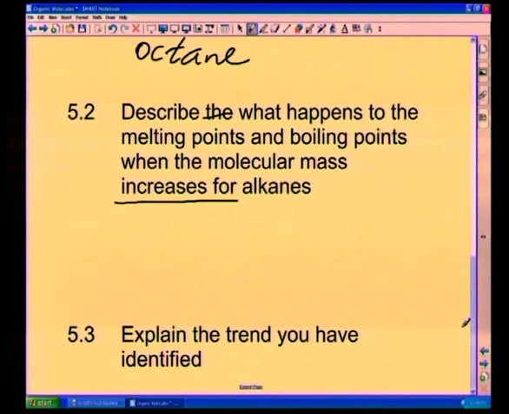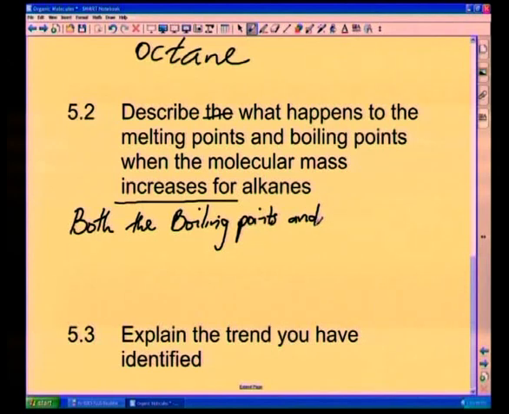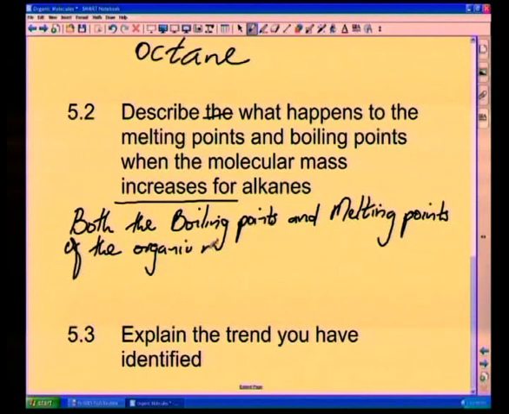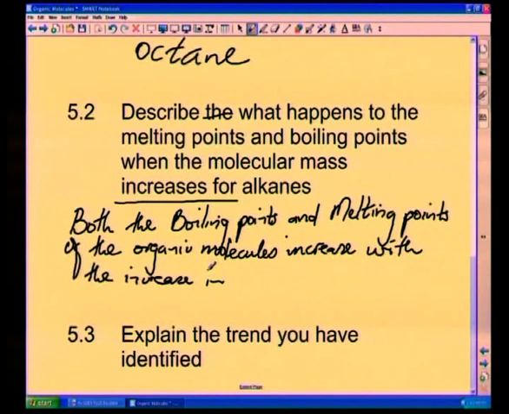We would then say that both the boiling points and melting points of the organic molecules increase with the increase in molecular mass.